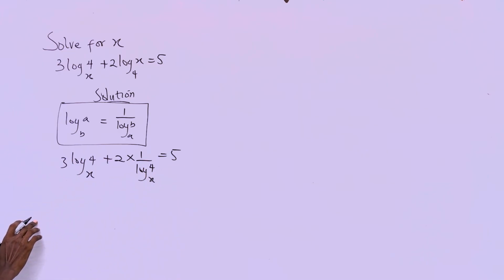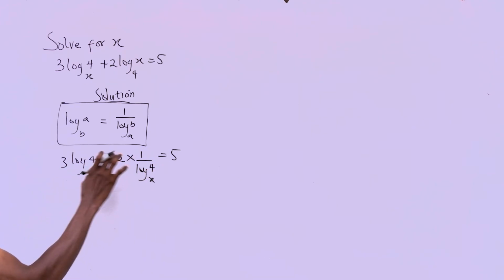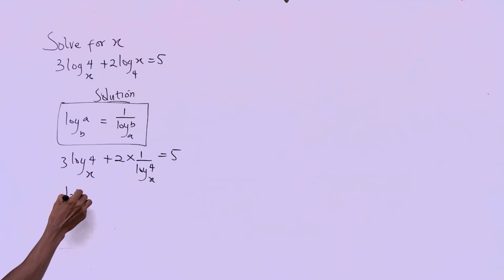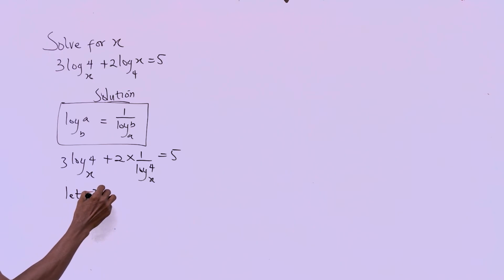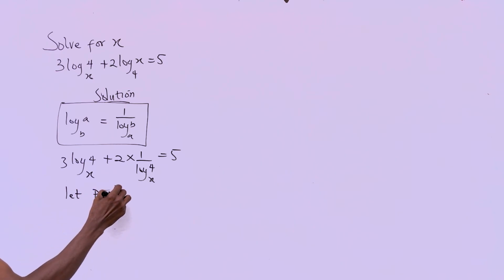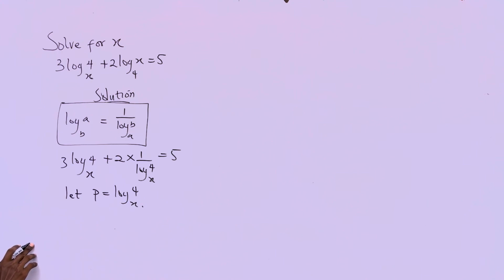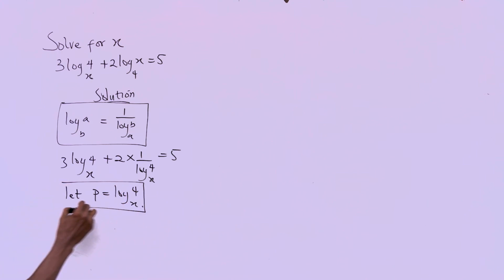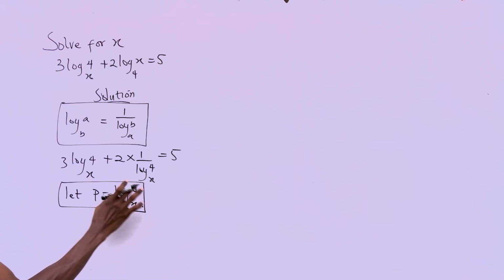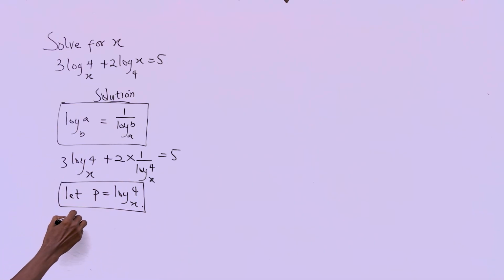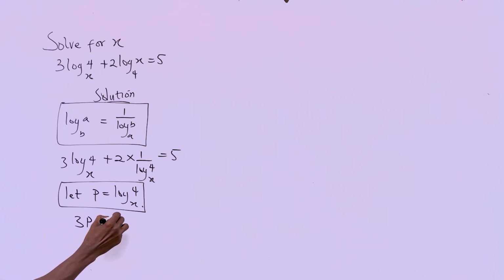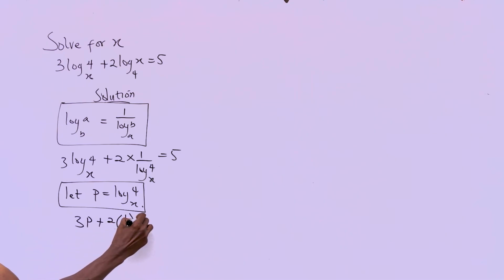So from here, since we have this on both sides, we can say let p be equal to log 4 base x. So if we make this p, log 4 base x, we can bring it here and say we have 3p plus 2 multiplied by 1 over p equal to 5.